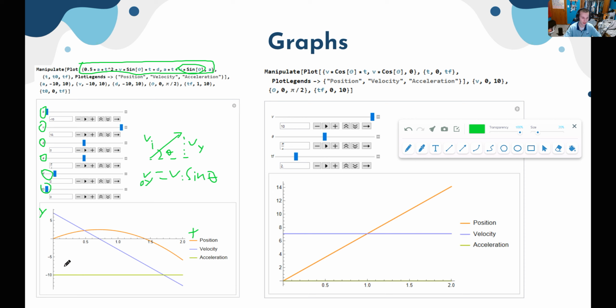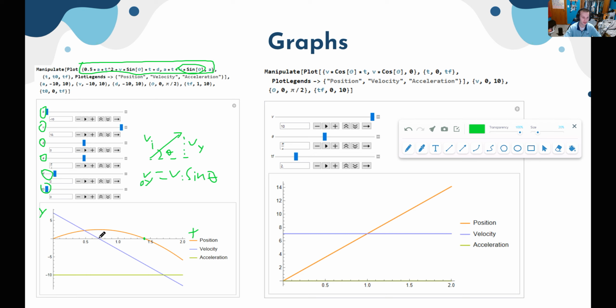So as you can see from this graph here, it's just a nice arc. We start at 0, we launch, and eventually we hit the ground at some point over here. The rest of the stuff down here we ignore because we're not going through the ground. I also noticed that the velocity is just a linear line. It just consistently goes down because we have a constant acceleration down here at the bottom.